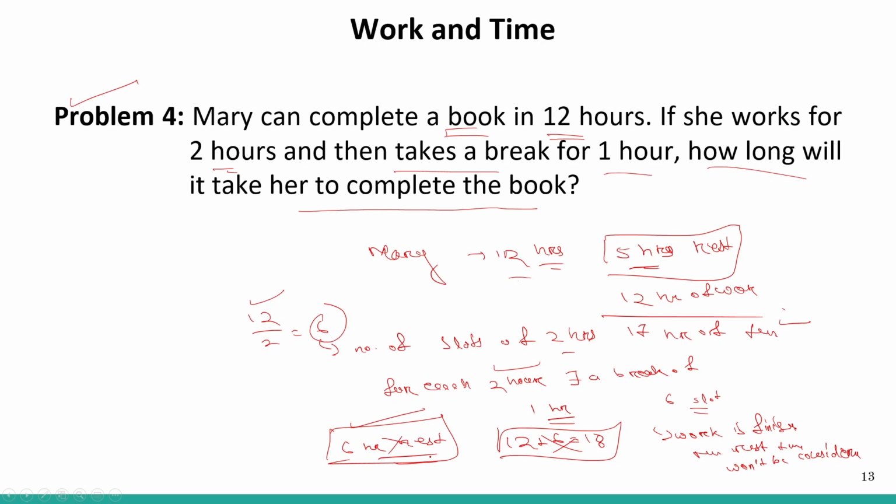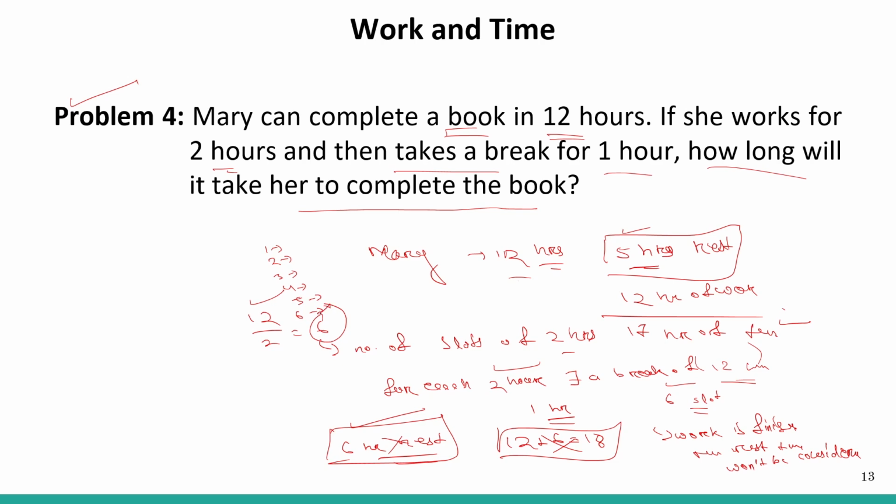But here is the tricky part. After doing the 6th slot she would take the rest, but after the 6th slot the 12 hours of work is completed, so the job is done. The rest period won't be considered. So only 5 hours of rest: after the first slot, then after the second, third, fourth, and fifth.